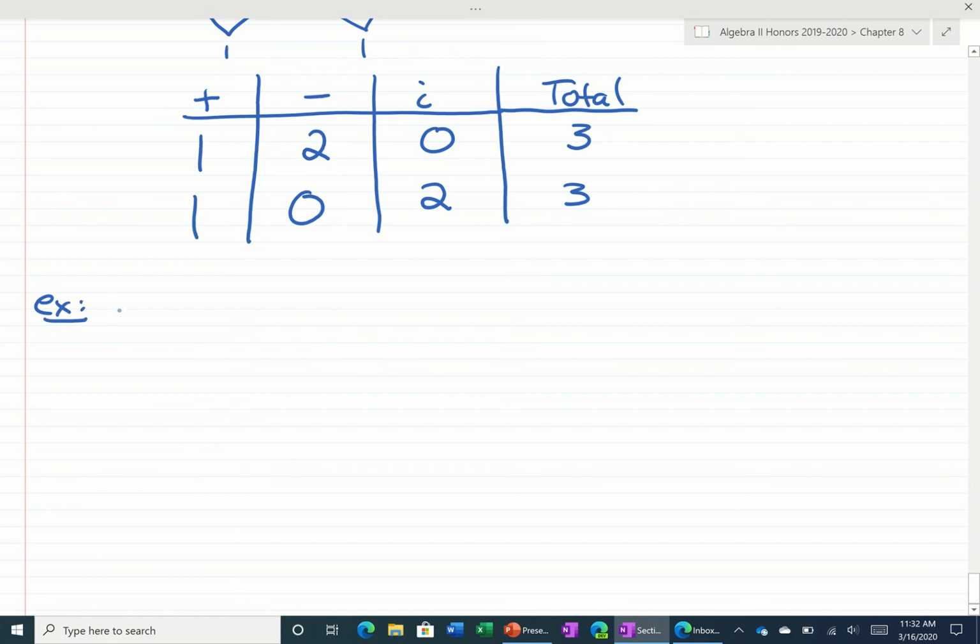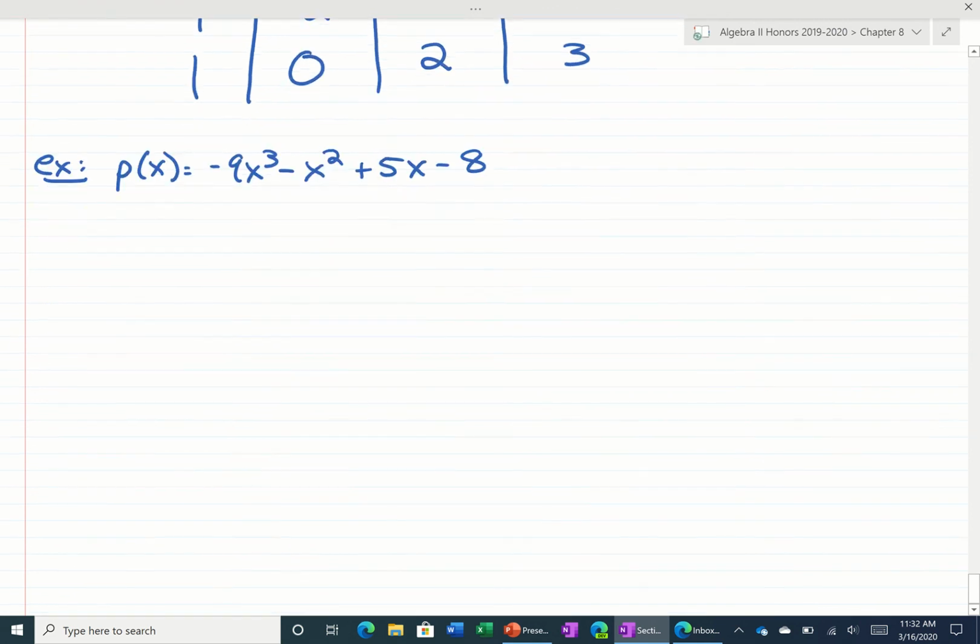What if we had a problem where p of x was equal to negative 9x to the third minus x squared plus 5x minus 8? So the total number of roots would be 3 because it's x to the third. But then when we go to find the number of positive roots, we're going to look at the sign changes.